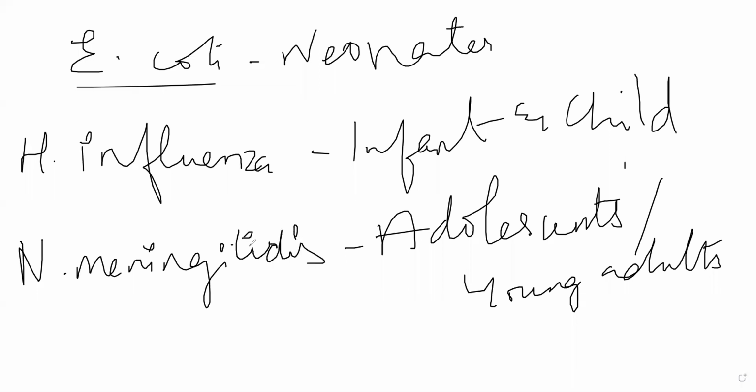I hope you have learnt about these bacteria last year when you were studying microbiology. At least you have some idea. You have heard about the names of these bacteria, I hope. They're pretty common bacteria actually.